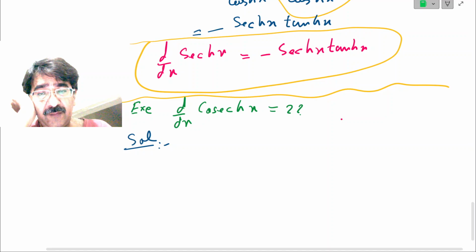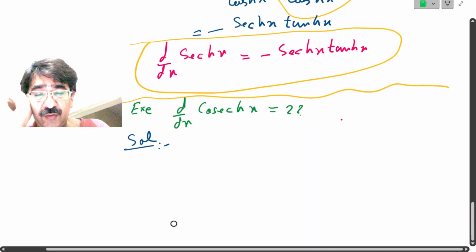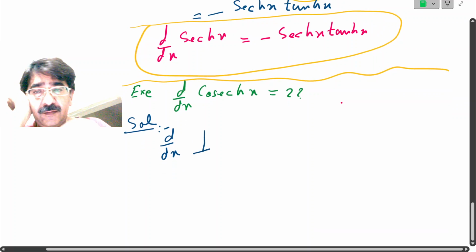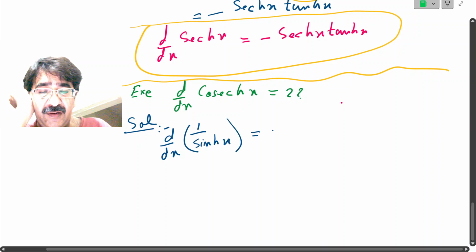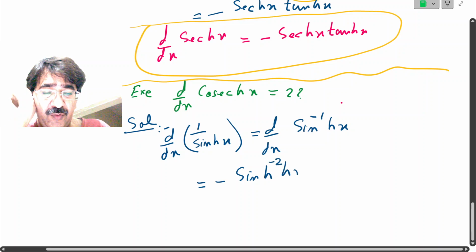The secant is 1 divided by cos, and cosecant is 1 divided by sine. So the derivative d by dx will be of 1 divided by sine hyperbolic x. The same as I have done in the previous exercise, there will be sine hyperbolic x to the power minus 1, and the power will shift, so that will be minus sine hyperbolic x to the power minus 2.